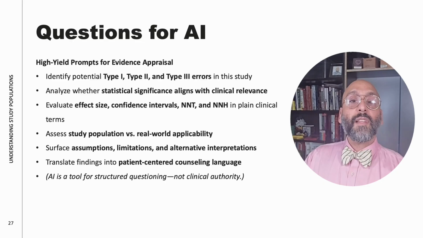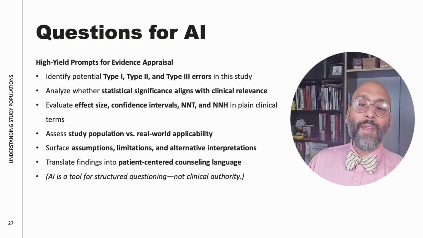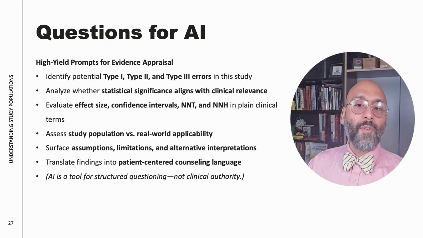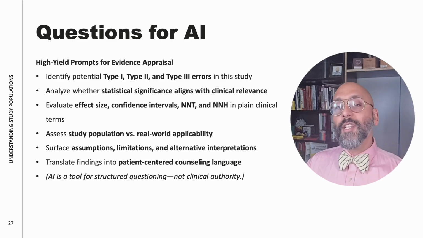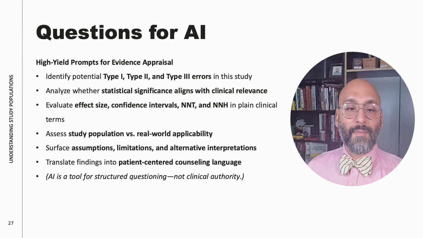Now this final slide is about how you should be using artificial intelligence, not whether you should be using it. AI is very good at summarizing research. It's much less reliable at interpreting research unless you force it to reason.